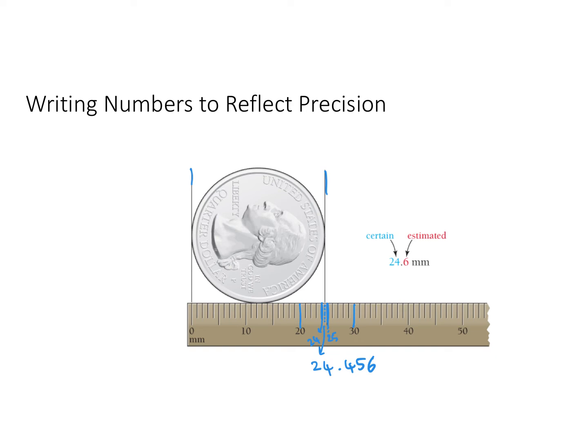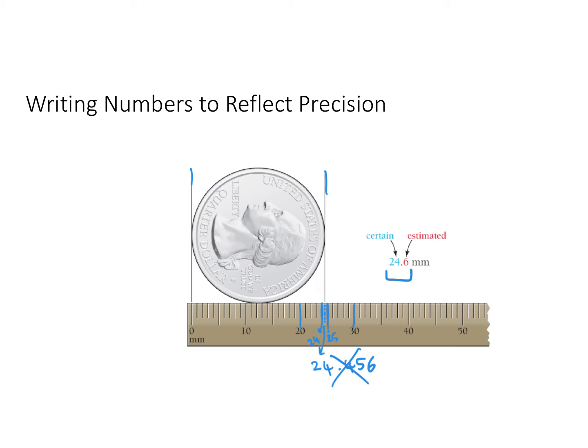So you can say, basically it's 24 or 25, right? If I gave you a more precise ruler, you could report the number with more precision, but we cannot read this number based on this ruler. If you read the number as 24.6, the last digit is estimated. We talked about this before too, right? When we report numbers, the last digit is always estimated, because we don't know exactly what it is.